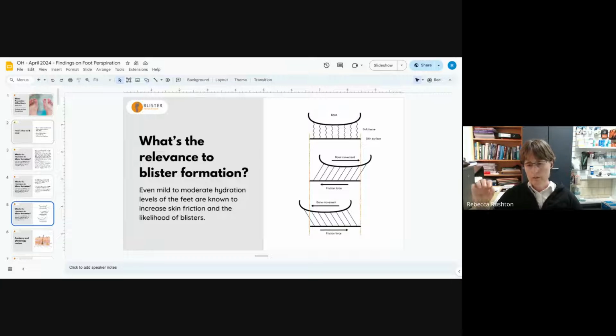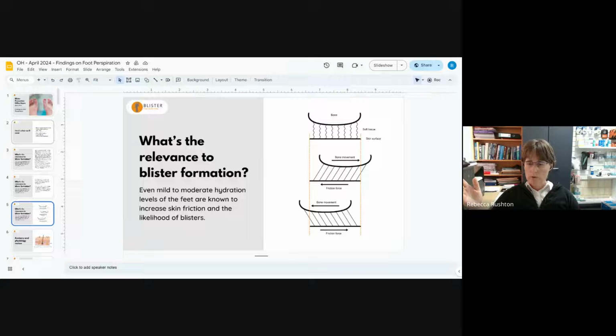If friction force is high there, then it keeps everything stuck together while the bones are moving back and forth in the foot as part of normal mechanics. So the bones are moving back and forth, skin's staying still, and all the soft tissues in between allow that to happen by undergoing shear deformation. So if those friction levels are high, the skin stays still for longer.